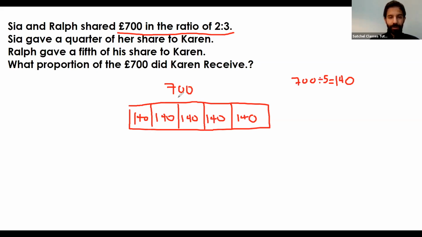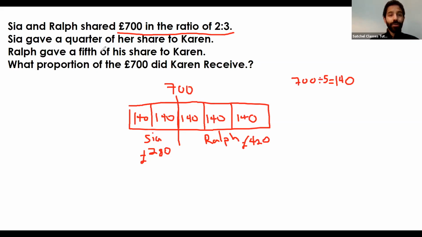And if I just fill these in, it was a ratio of 2 to 3, and I'm just going to draw a line here. So Sia gets £280, and Ralph will get the remaining, which is going to be £420. And again, if we add these up, £280 plus £420 is equal to the amount we started with, which is 700.